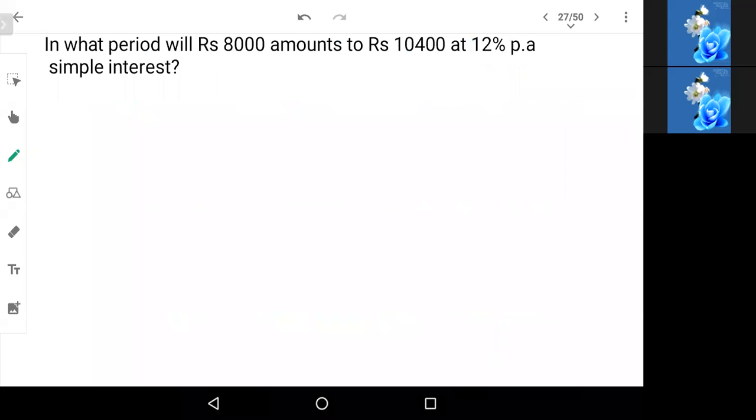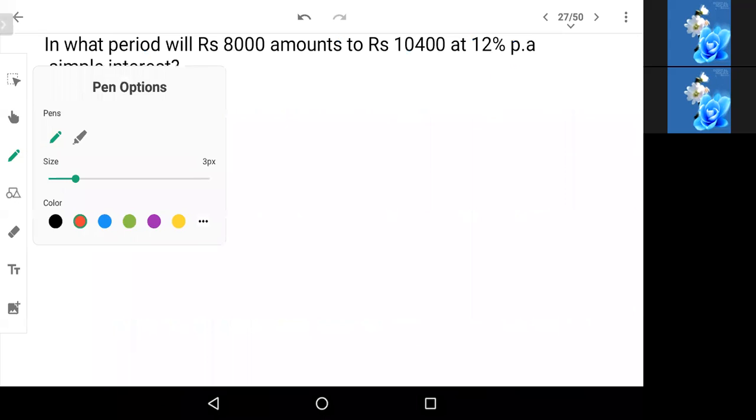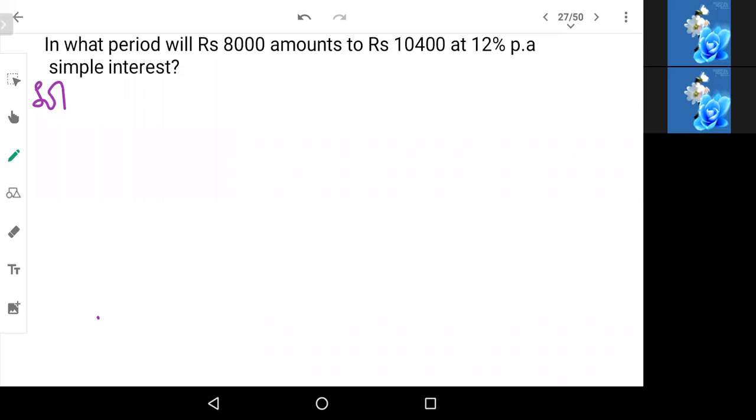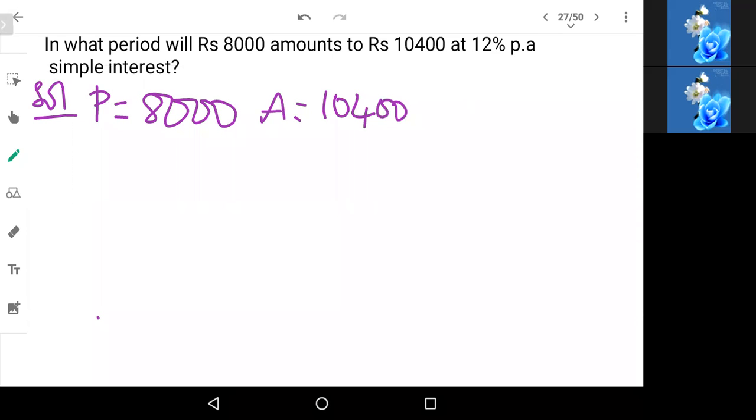Okay. Now one more similar problem. In what period will 8,000 amount to 10,400 at 12% per annum simple interest? Now try solving this. Principal is 8,000. Amount is 10,400. Rate of interest is 12%. Time we don't know.